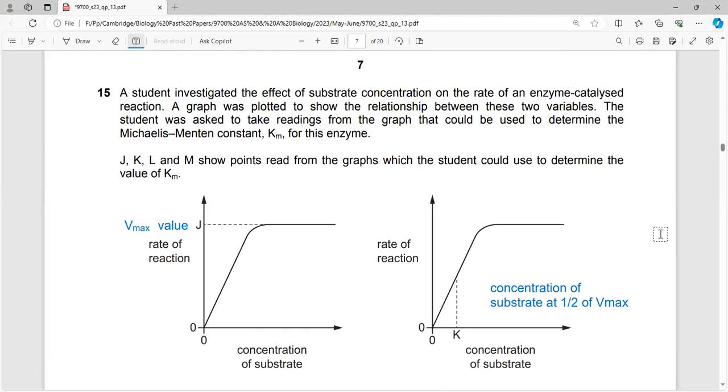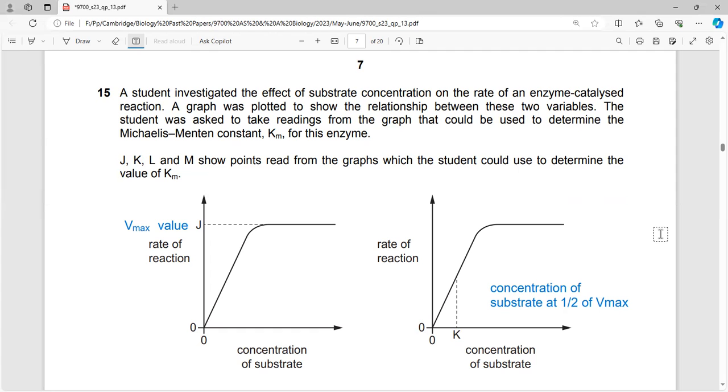Question number 15: a student investigated the effect of substrate concentration on the rate of an enzyme-catalyzed reaction. A graph was plotted to show the relationship between these two variables, and the student was asked to take a reading from the graph that could be used to determine the Michaelis-Menten constant, Km value.